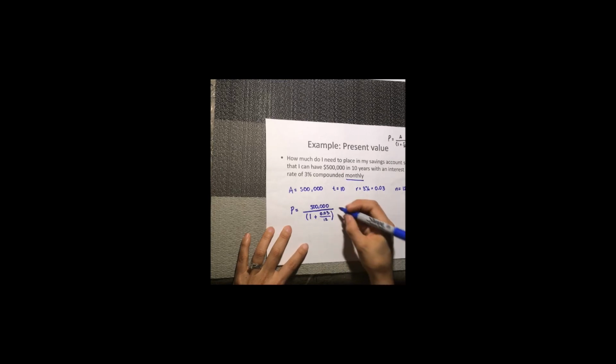And this is going to be elevated to 12, again, n, times the time. In this case, the time is 10 years, so we're going to multiply times 10. We're going to simplify this expression a bit, and we're going to be left with 1.0025 to the power of 120.